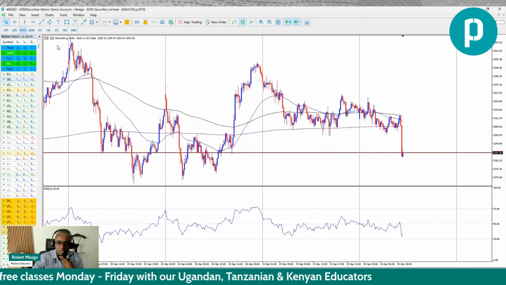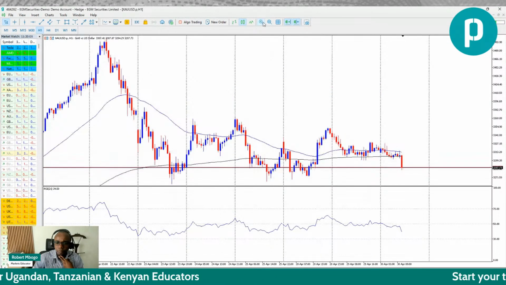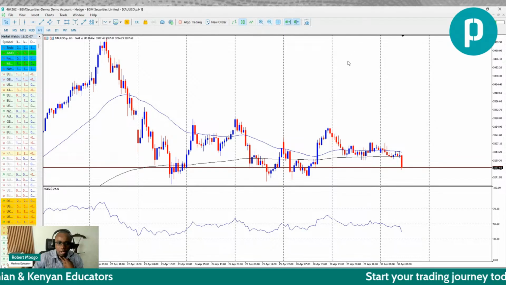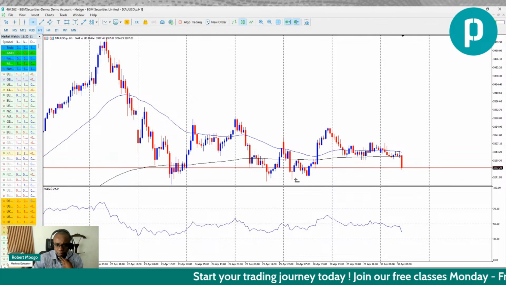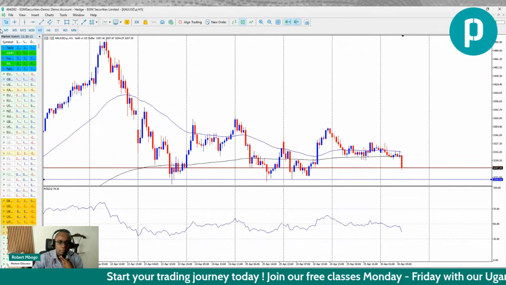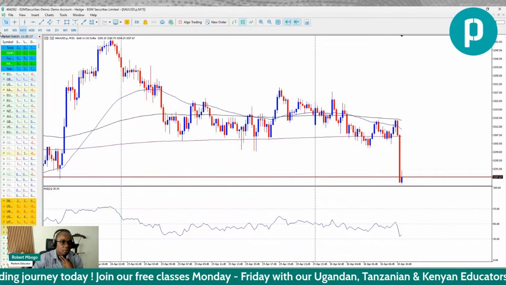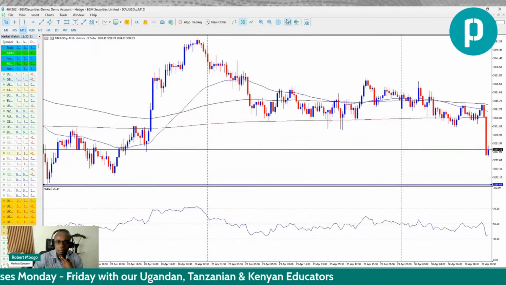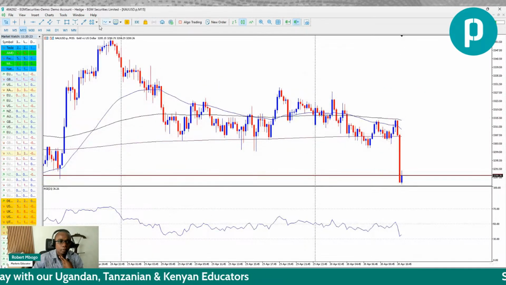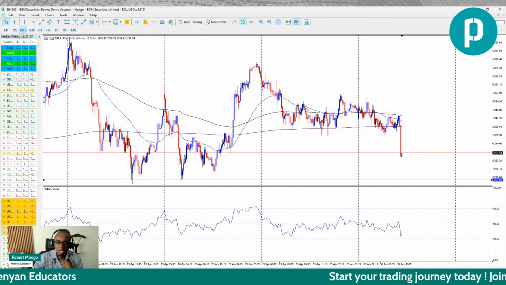Let's try and seek opportunities. I would want to see gold test this low. I would want to see how gold reacts to that low before considering any bullish move.